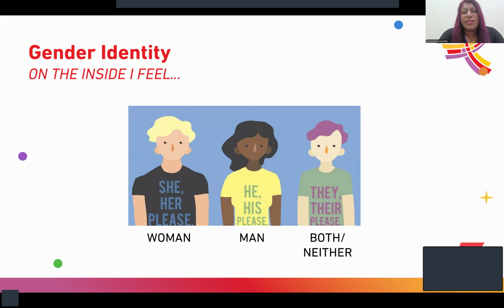Someone who identifies themselves as a man, even though their sex assigned at birth was female, is known as a trans man or transgender man. As such, we address them with he, him, and his. And someone who identifies themselves as both or neither gender, regardless of any sex assigned at birth, is known as a non-binary person, and we use the pronoun they.